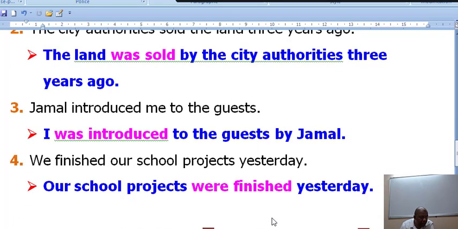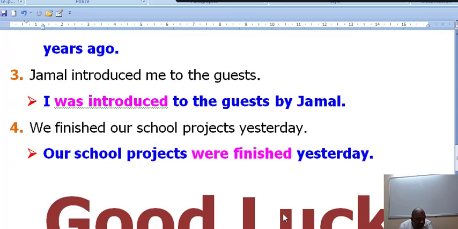Number 3: Jamal introduced me to the guest. So me becomes I. Introduced in simple past, we give was in order to agree both of them. I was, because we should not say I were. I was introduced, it's regular, it ends with ed, no change. I was introduced to the guest by Jamal.